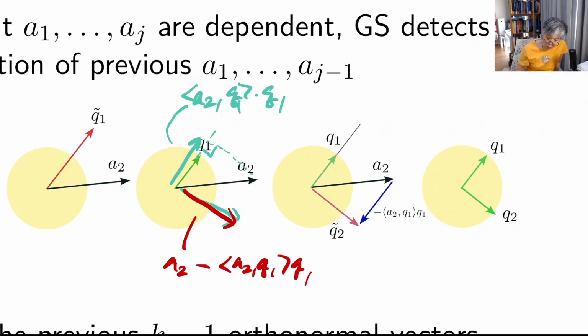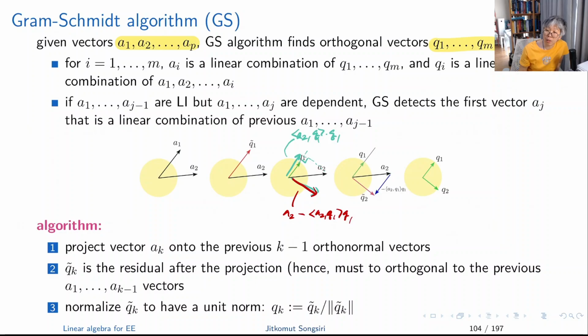If you have more than two vectors, you continue. Because we draw on paper, we explain things in R2, and in R2 you can have at most two vectors that are orthonormal. But the process goes like this. The next step is, suppose you have more than two input vectors.